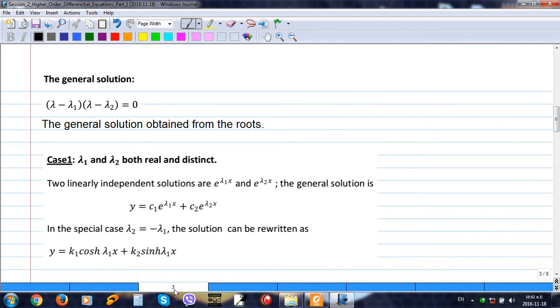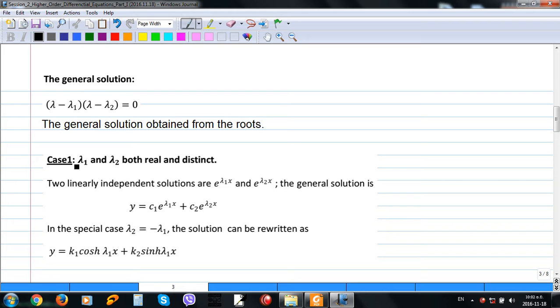Next, we have to write the general solution for the characteristic equation. Here we take the roots lambda 1 and lambda 2. After solving this equation, we can find the general solution obtained from the roots. There are 3 cases actually. Case 1 is lambda 1 and lambda 2 both real and distinct.